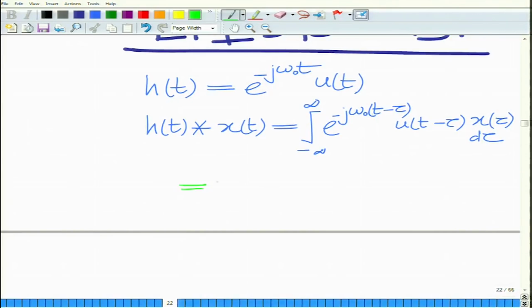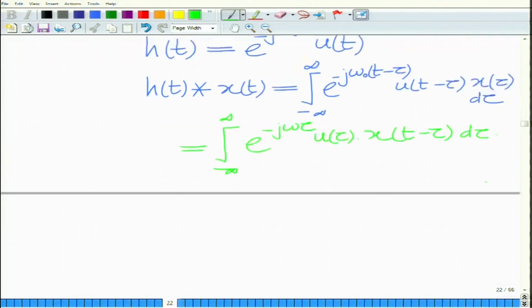Now, I can also write this as x(t) convolved with h(t), which means I can write it as e raised to minus j omega naught tau u(tau) x(t minus tau) d tau.